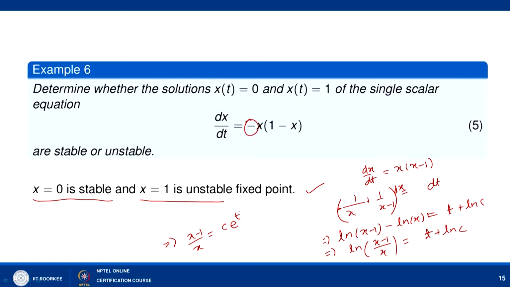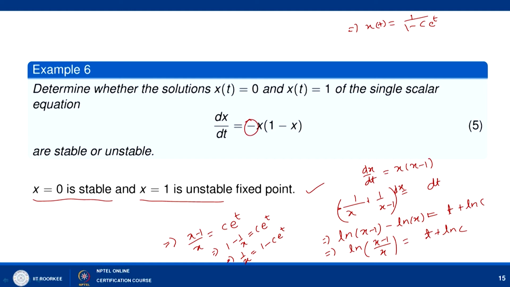And we can find that 1 minus 1 upon x equal to c e to the power t, or 1 upon x equal to 1 minus c e to the power t. This implies that x(t) is equal to 1 upon 1 minus c e to the power t.